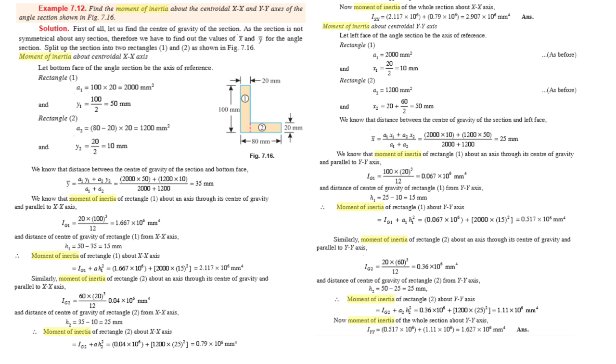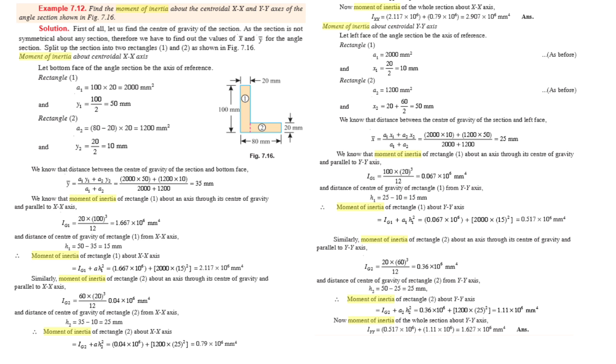Similarly, the moment of inertia of rectangle 2 about an axis through its center of gravity and parallel to the x-axis: Ig2 is equal to bh cube divided by 12. So b for rectangle section 2 is equal to 60 mm and h is 20.